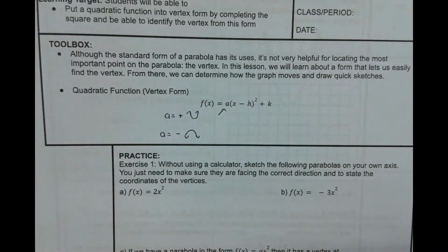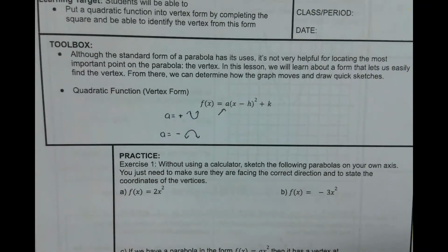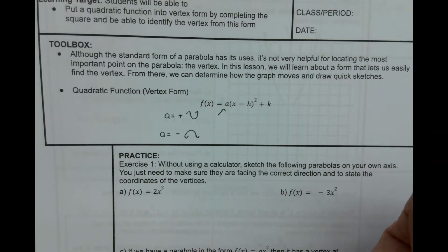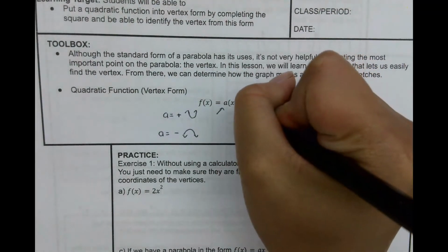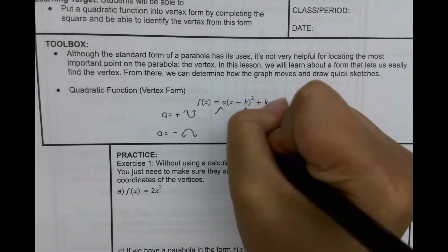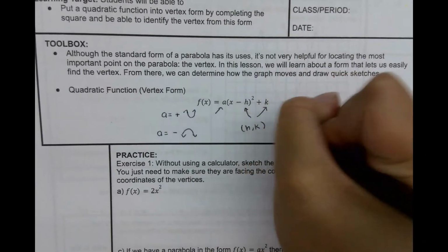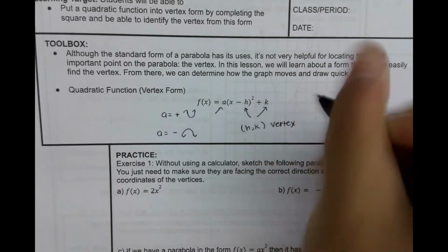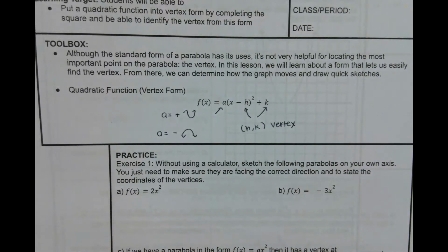And also, if the absolute value of a is greater than 1, it'll be skinnier and skinnier, and the smaller a is, it'll get fatter and fatter. So the reason why this is vertex form is because h and k together give us the vertex. H represents the x value of our vertex and k represents the y value of our vertex.